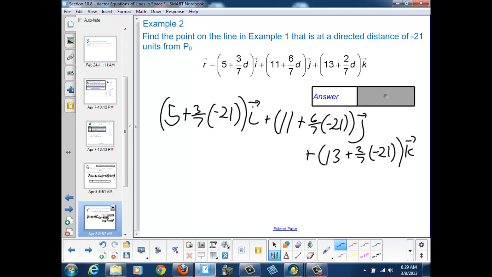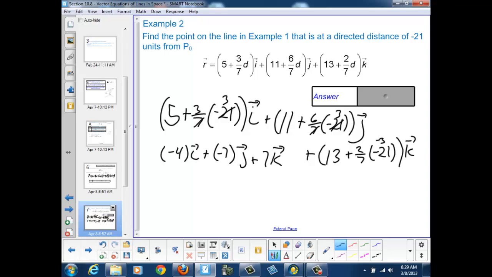Now 3/7 times negative 21 gives me negative 9 plus 5, so negative 4i. Plus 11, so that's again negative 18 plus 11, so negative 7j. And finally 2/7 times negative 21, negative 6, plus 13 is 7k.